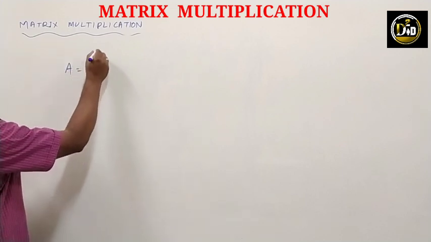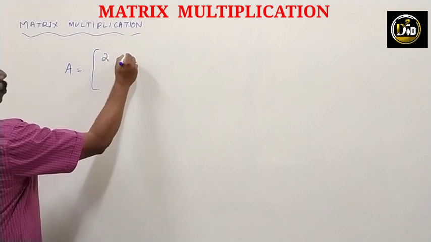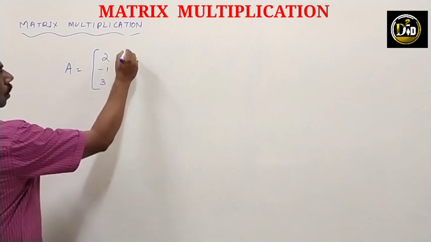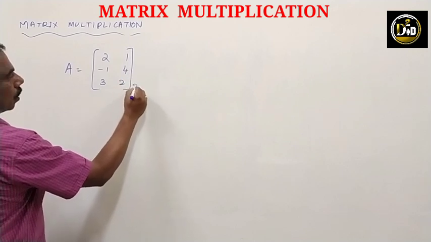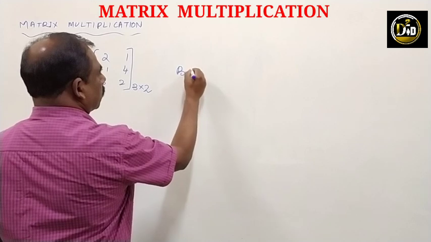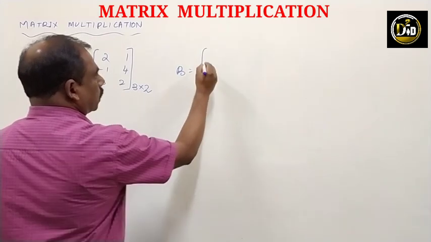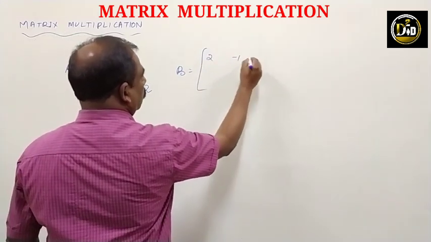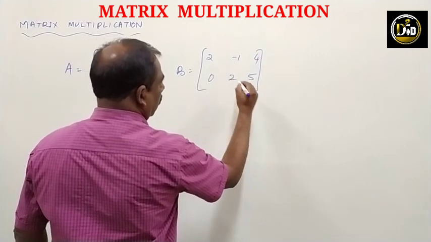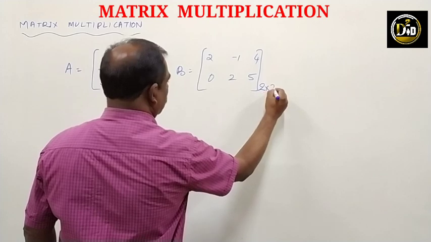Let A be the matrix 2, 1, minus 1, 4, 3, 2. We know that its order is 3 by 2. And another matrix, say B, that is 2, minus 1, 4, 0, 2, 5, and its order is 2 by 3.